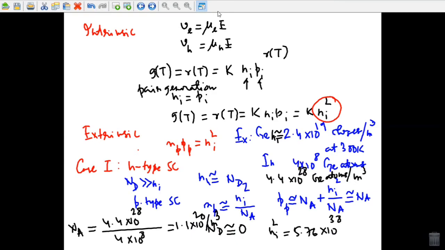Their drift velocities under the action of an applied electric field E are V_e equals mu_e times E, and V_h equals mu_h times E, where the subscripts e and h refer to electrons and holes respectively. The proportionality factor mu is known as the mobility, the freedom of charge movement, and is a function of thermal vibration of the atoms and the crystal structure.